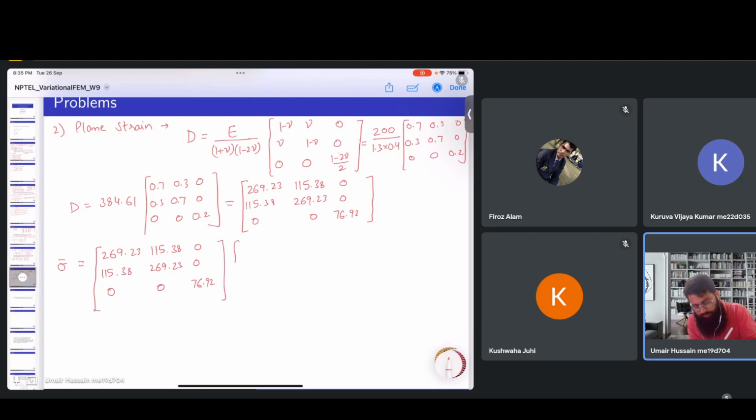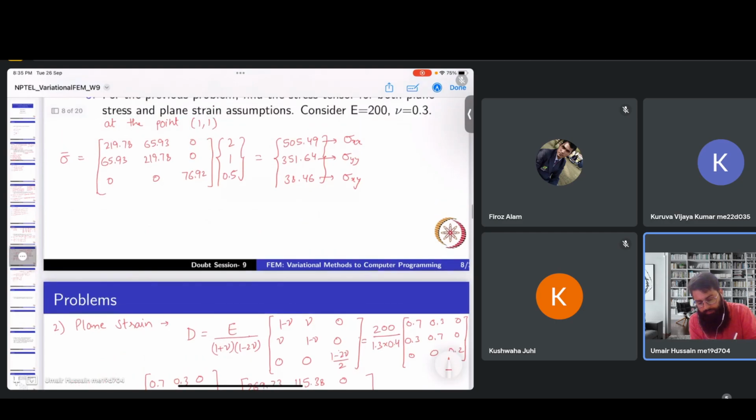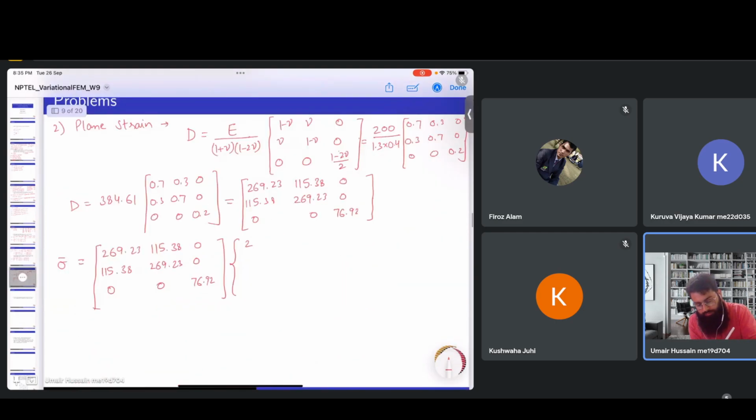This multiplied by a strain vector 2, 1, 0.5. So we have 269.23 into 2 plus 115.38 into 1, and then 0.